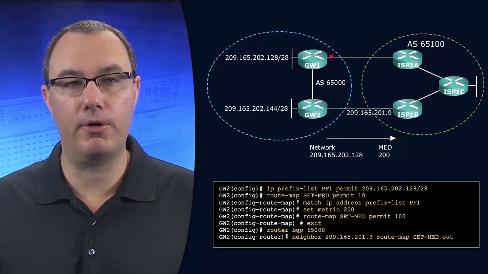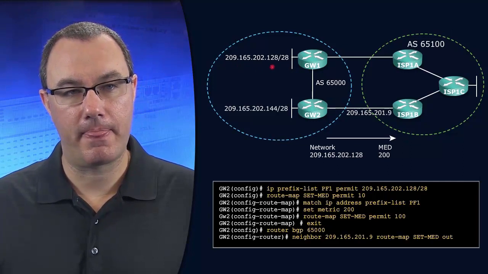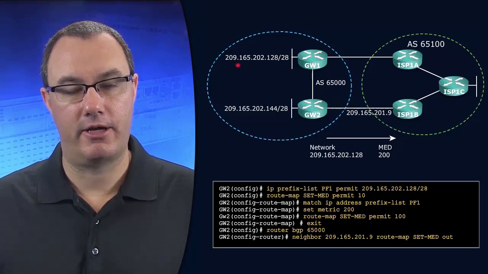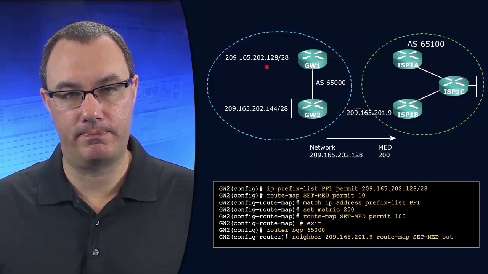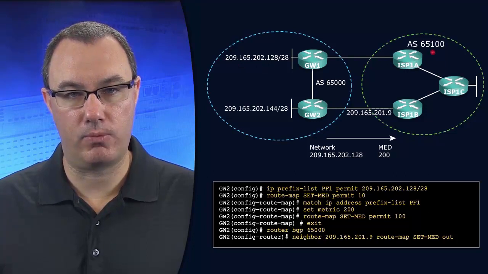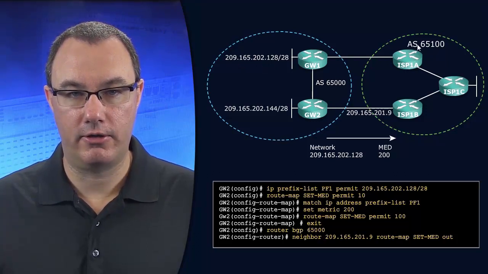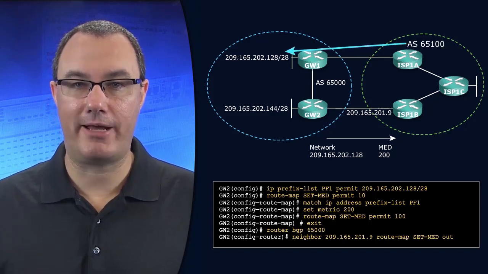So the goal of this example and this configuration is to say, I want to influence how traffic is coming into my autonomous system from 6500. I want 6500 to go to that subnet through the top pathway.